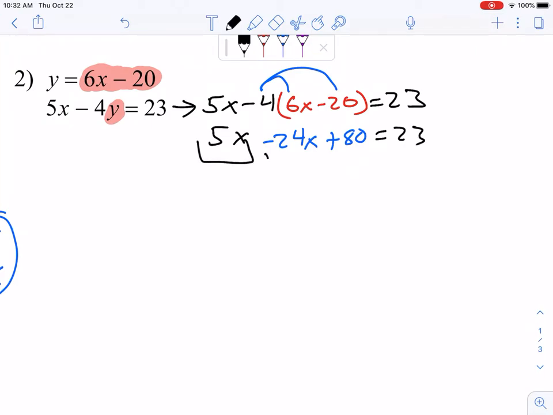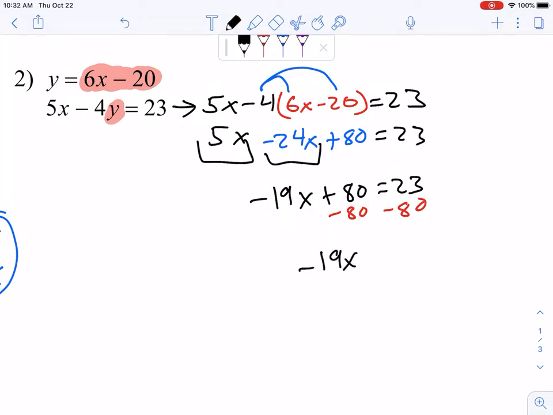Now I'm going to combine like terms. So I'm going to combine my 5x and my negative 24x to get negative 19x plus 80 equals 23. I have a two-step equation I'm solving. My first step is to subtract 80 from both sides. And we're going to do 23 minus 80 to get negative 57. So I'm going to have negative 19x equals negative 57.